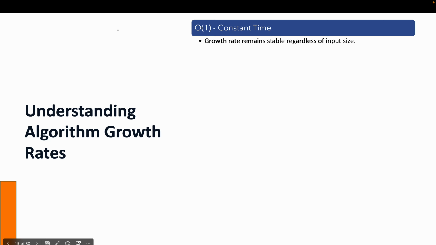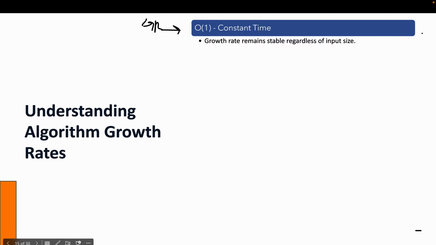Now, to understand the algorithm growth rate better, I give you here a list. At the top of the list, we have the least growth rate, and here we will have the most growth rate.